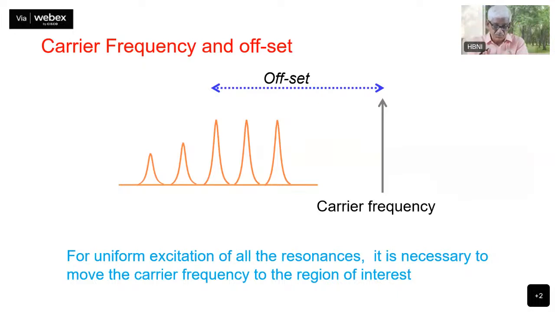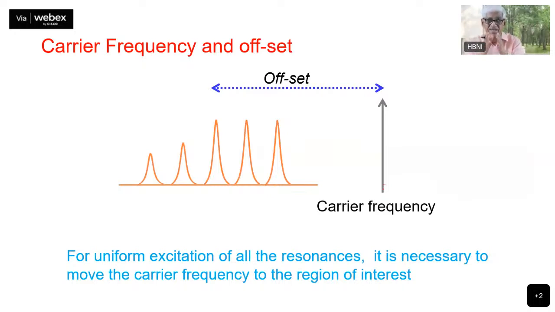Your molecules may have resonances which are not exactly at 600 megahertz, but slightly away from there, 600 megahertz plus some 10,000 hertz away, or 20,000 hertz, or even 30,000 hertz away. If you put the carrier at the spectrometer frequency, then you will not be able to excite all your frequency region properly, because this will be far away from that omega naught frequency. The amplitude of the RF is going to be small in that place. Therefore, excitation efficiency will be small.